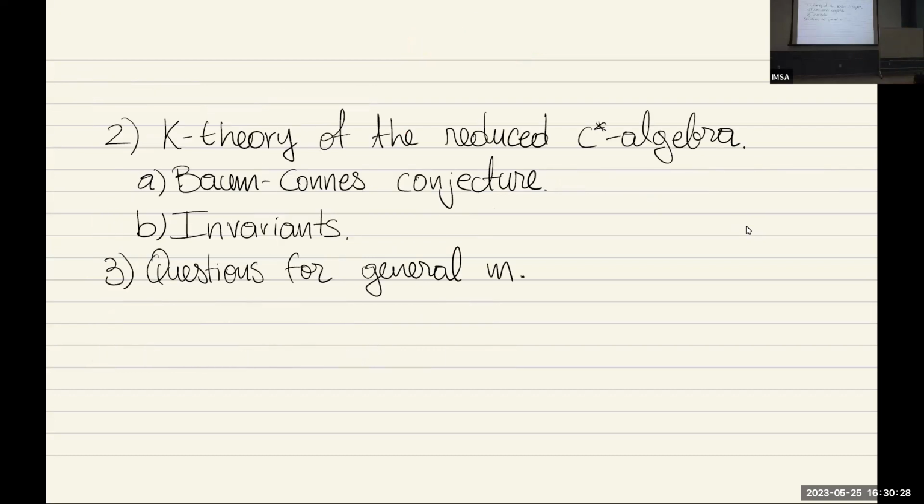Later, I will talk about the K-theory of the reduced C-star algebra, the Baum-Connes conjecture, again invariants, and finally some questions, mainly about the K-theory of the reduced C-star algebra of this group for general N.